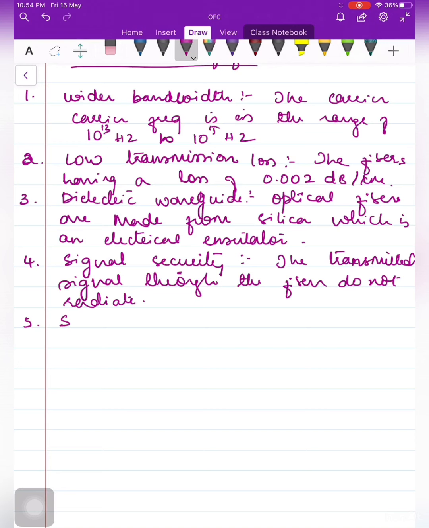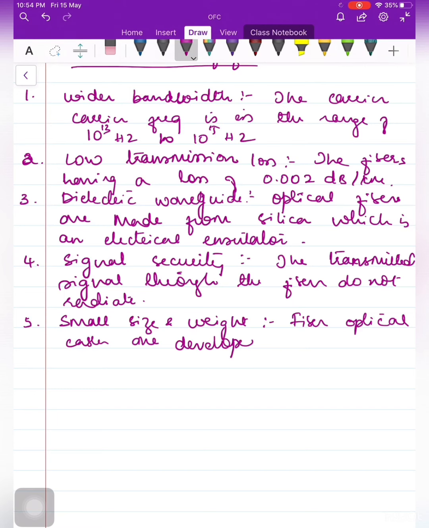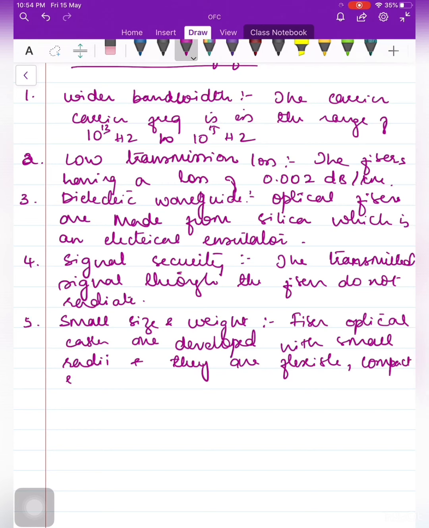Signals are secured. And optical fibers are small in size as well as weight. We had also seen this in the advantages of optical fiber. Optical fiber cables are developed with very small radii, and they are flexible, compact in size and lightweight.